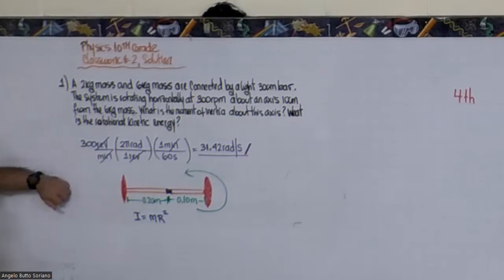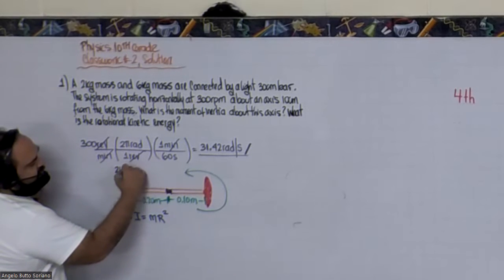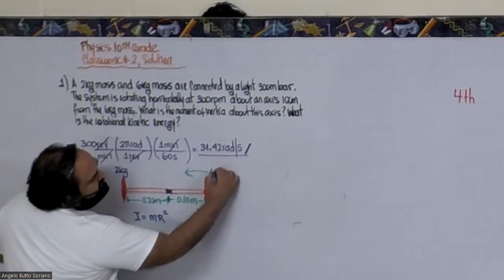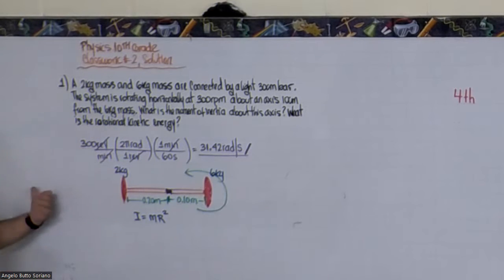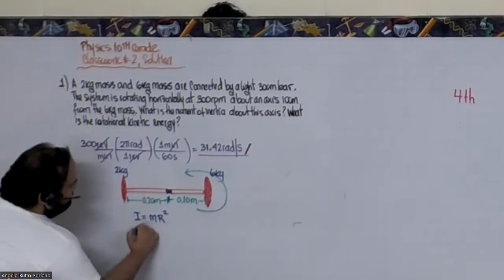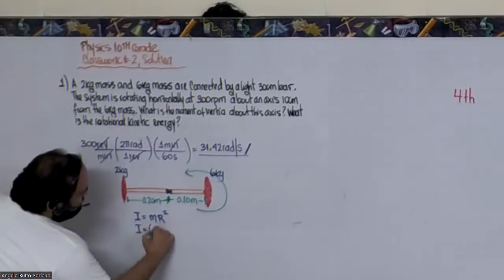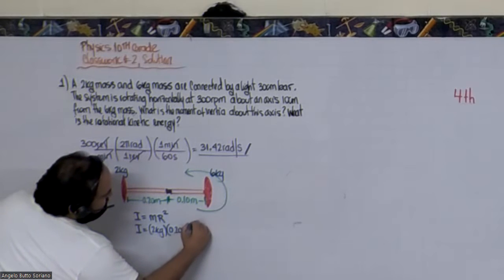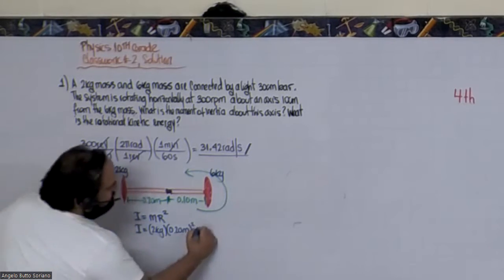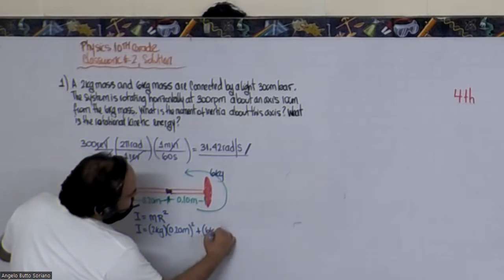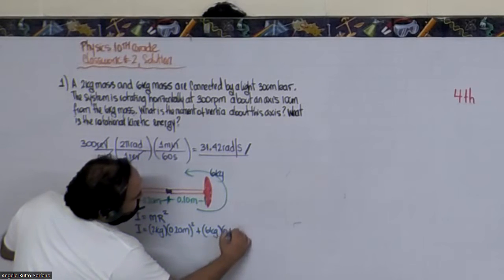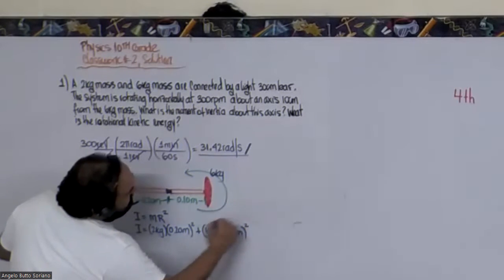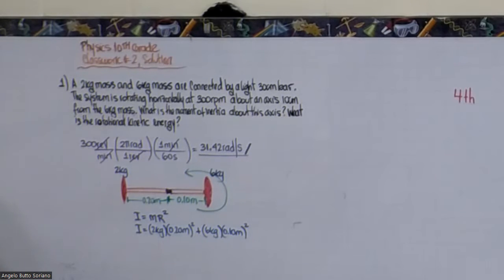But remember we have two masses, 2 kilograms and 6 kilograms, and we are looking for I for the total system. So we multiply 2 kilograms by 0.20 meters squared, plus the other mass, 6 kilograms multiplied by 0.10 meters squared.